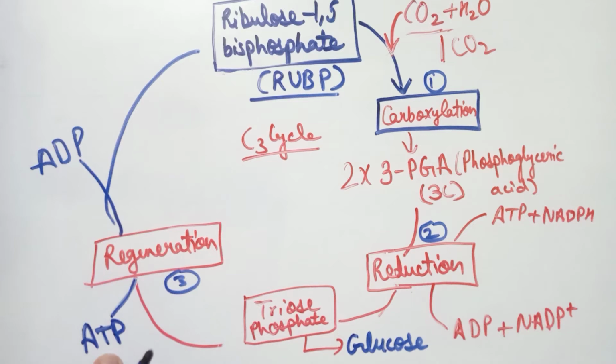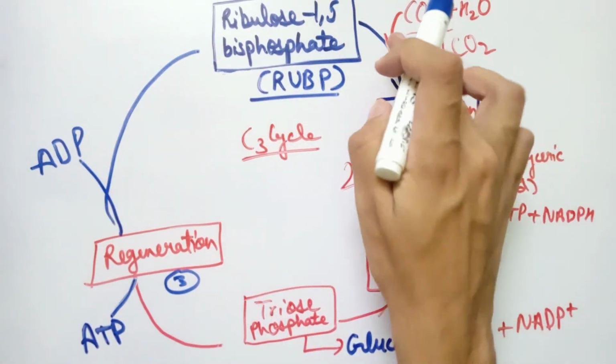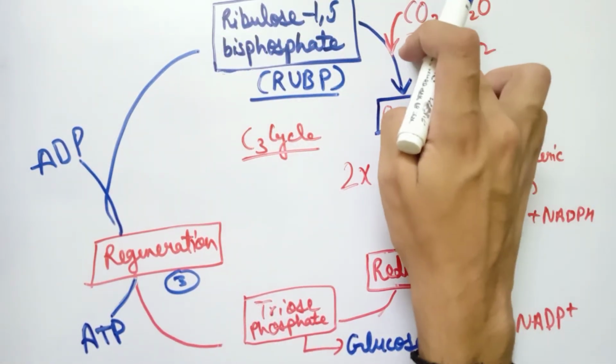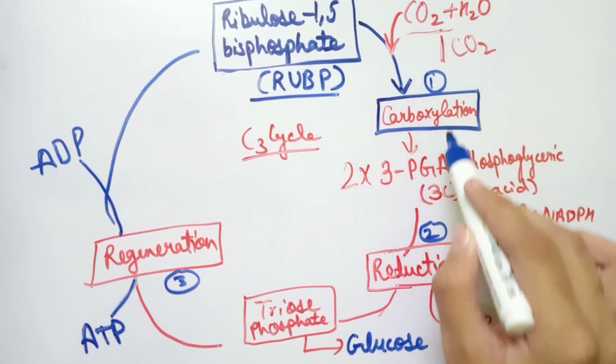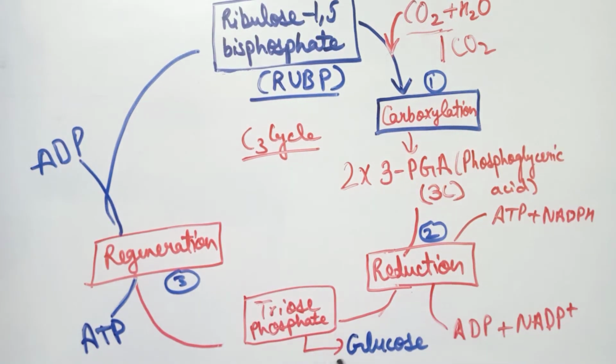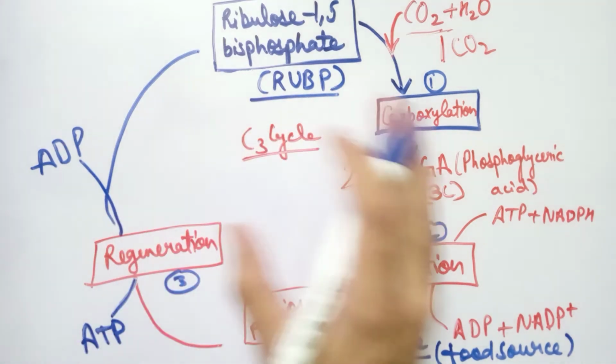So one ATP molecule is utilized here to regenerate RuBP from triose phosphate in order to continue this cycle and to fix more carbon dioxide, so that it can be converted into glucose, which can be taken up by the plants as a food source. So in this way the Calvin cycle works.